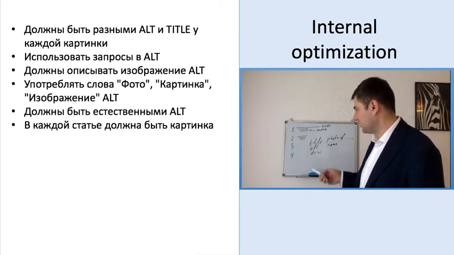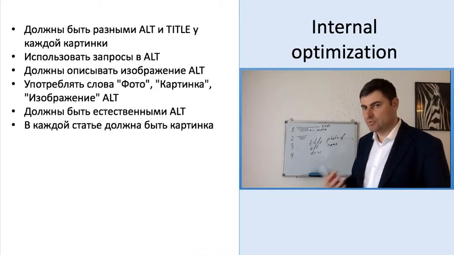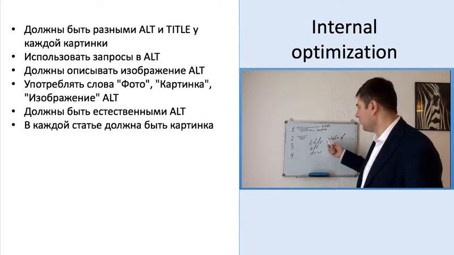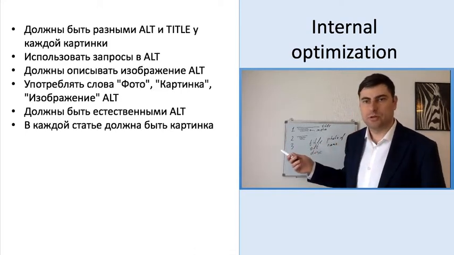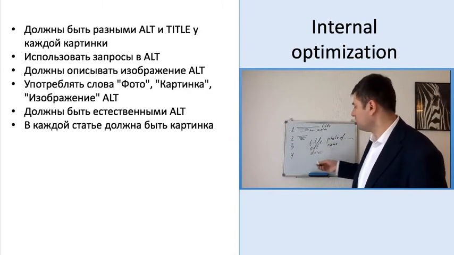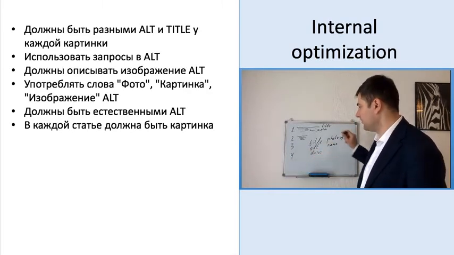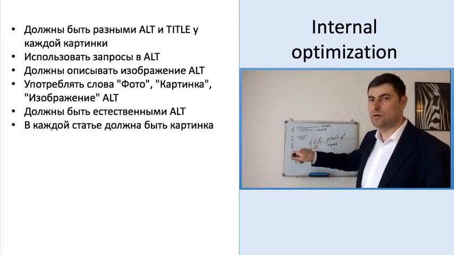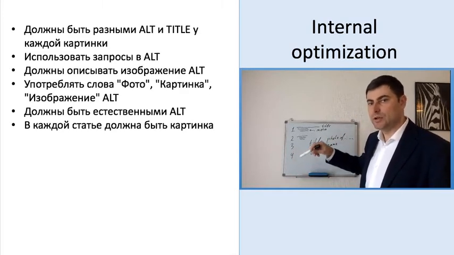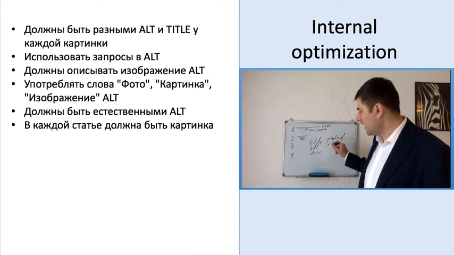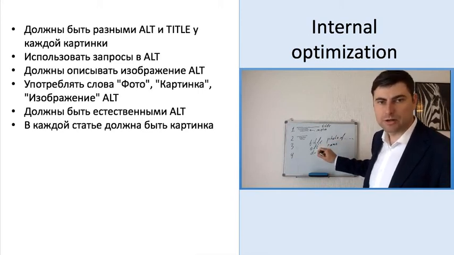It should be text that you can read and understand what this image is about. And all this information will be indexed by Google, and some users will get to your website by searching in the Google images section.